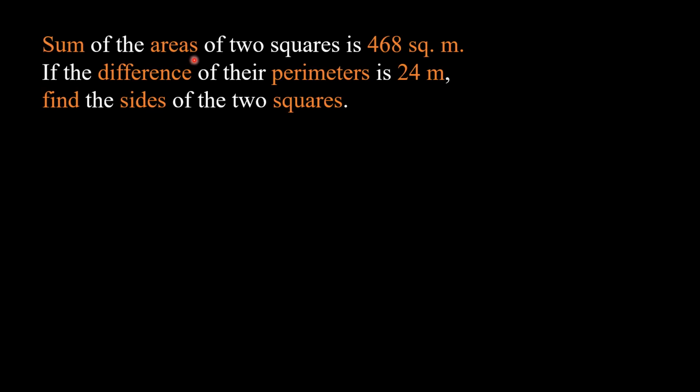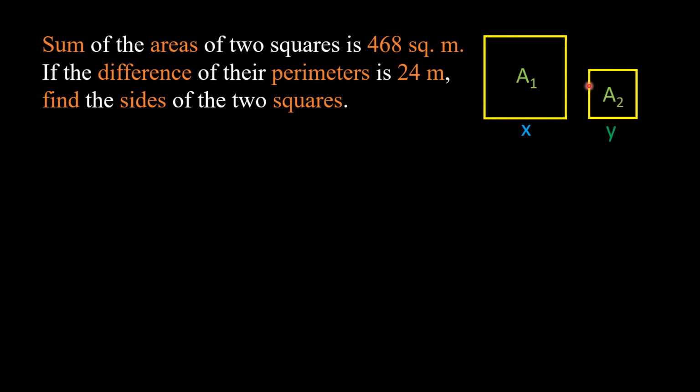Sum of the areas of two squares is 468 square meter. If the difference of their perimeters is 24 meter, find the sides of the two squares. We have two squares, one bigger and one smaller. So let the bigger square have area A1 and side x, and the smaller square have area A2 and side y, because we have to find the sides of the two squares.